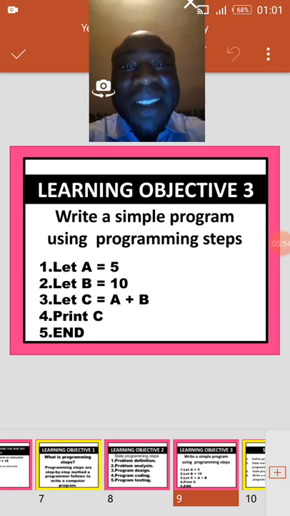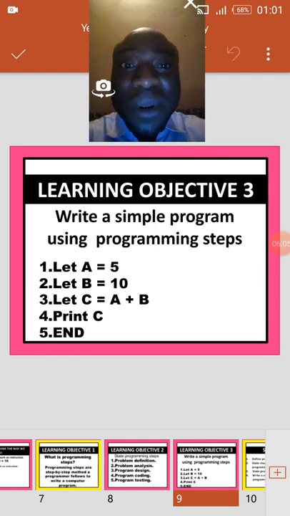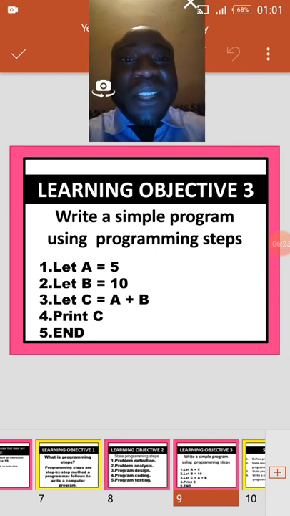This simple program is used to calculate two numbers. Now there is what we call a keyword in programming language. Where you say let, it is called a keyword, or we can call it an action word. That is what we use to assign value in programming language.